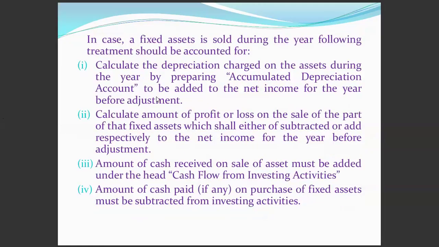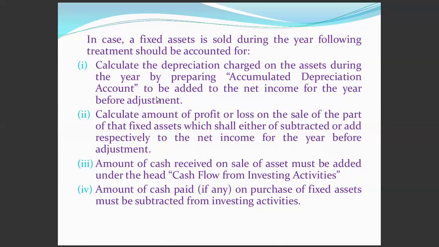In case a fixed asset is sold during the year and we have calculated depreciation, then the depreciation is again adjusted and added to the net profit. Second, the amount of profit or loss on the sale of a fixed asset is adjusted accordingly.